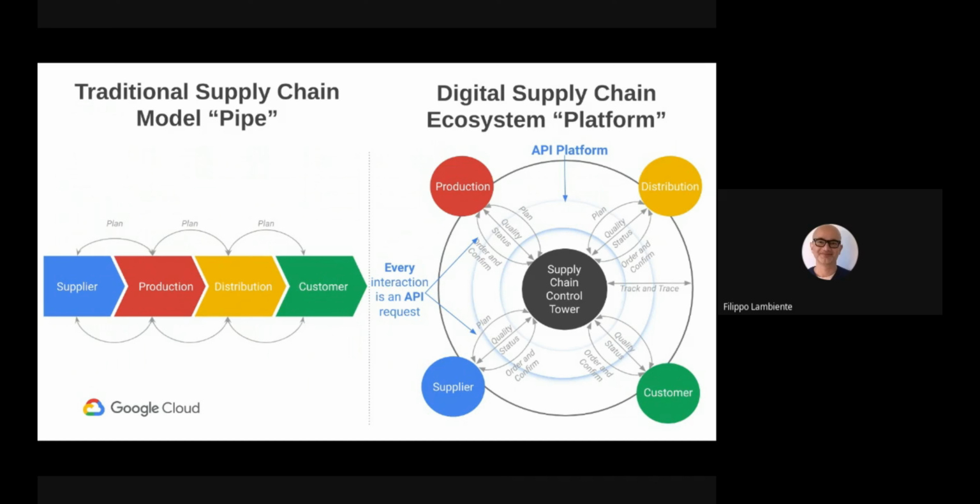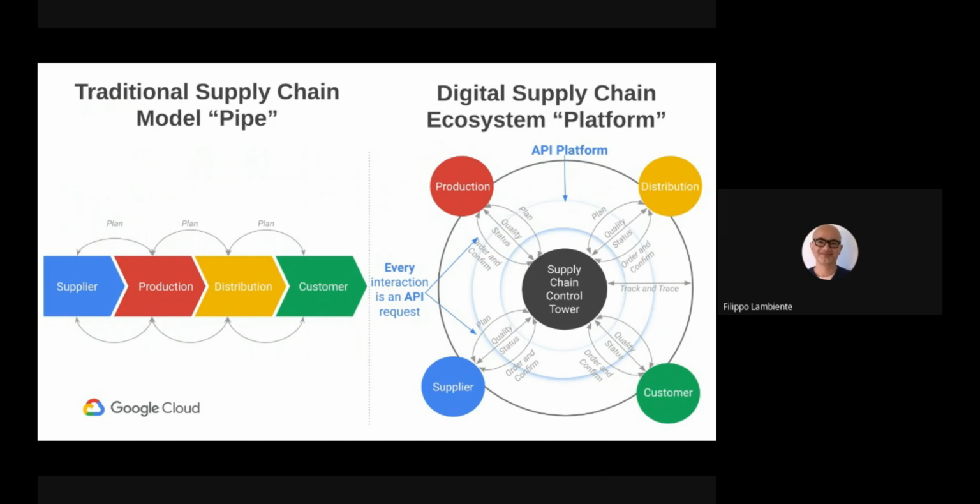The different entities in the traditional supply chain now act in a more coordinated and more integrated way, thanks to the API platform that provides the glue between these interactions, and that will also allow us to assemble and generate new supply chain processes more quickly than the traditional one.